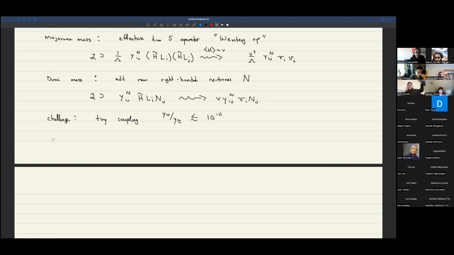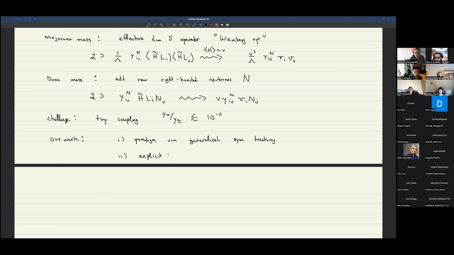So in our work, we're going to introduce a paradigm for this via generalized symmetry breaking. I'll give you also explicit models.